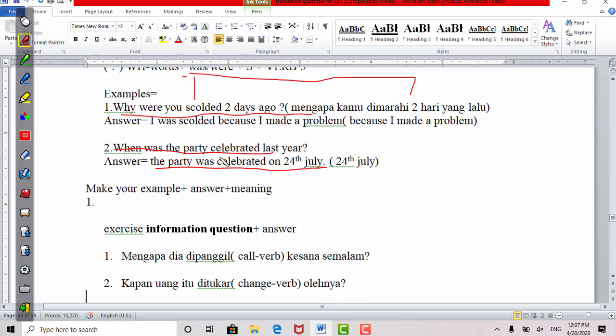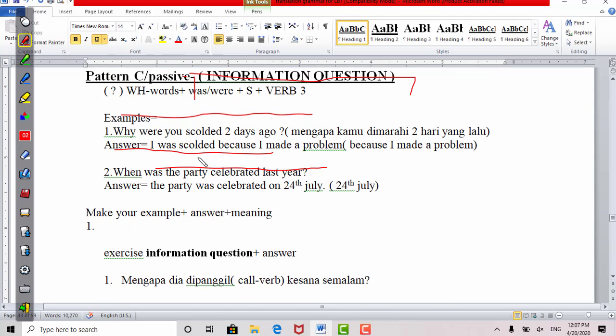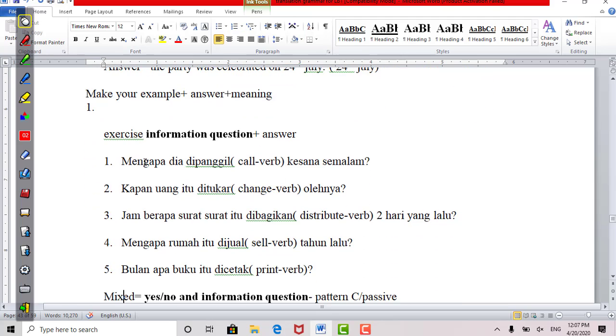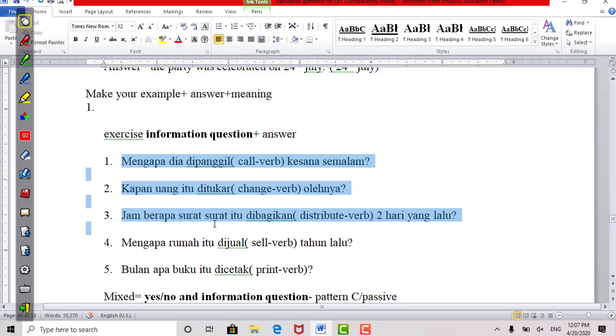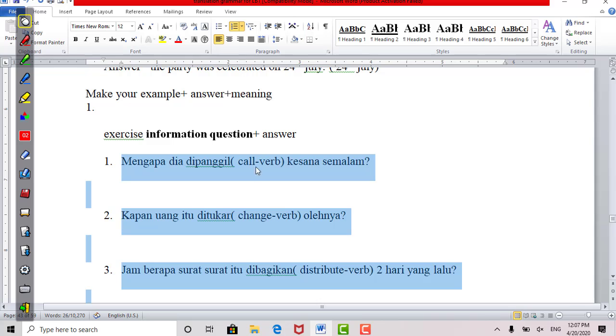Alright, so I will give you some examples over here. Dan formulanya, the formulation is just the same. Kamu cuma tambahkan saja WH word plus was or were, and then plus subject plus verb 3. If you look at this example: mengapa dia dipanggil ke sana kemarin? Or kapan uang itu ditukar? For example, I will use this one as an example. Mengapa dia dipanggil?